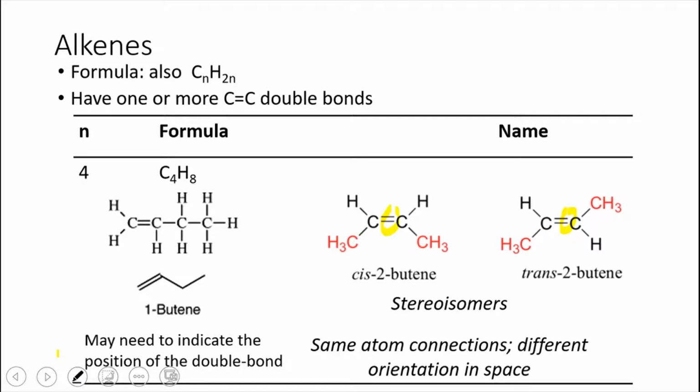In this case, if we come from the left side of the structure and we enter the double bond coming left to right, if we exit on the same side of the double bond to the next carbon, which would be carbon number 4, we call that the cis isomer. If, on the other hand, when we go through the double bond the next carbon is on the other side of where we entered, we call that the trans isomer.